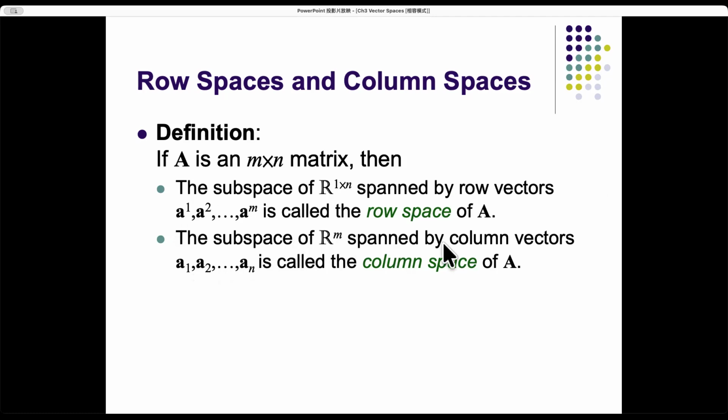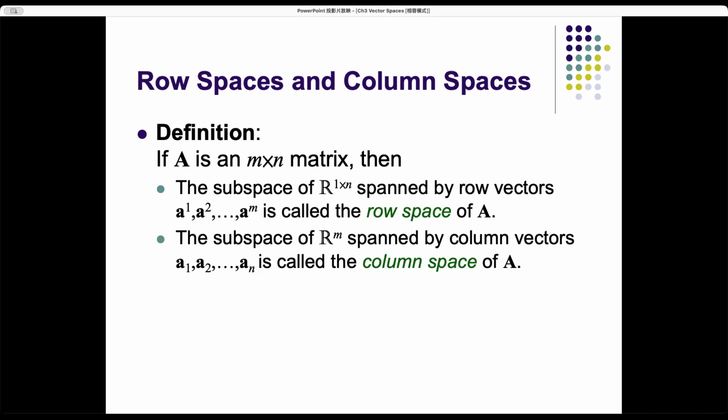But the column vectors A1, A2 to An have their index in the lower corner. So this is a row vector, and this is the column vectors.